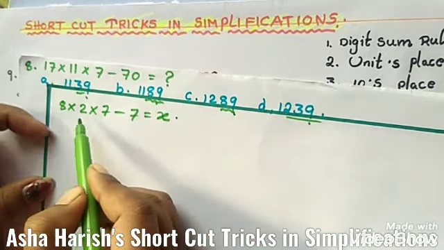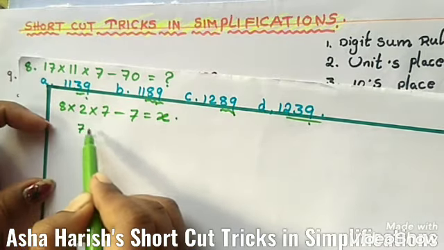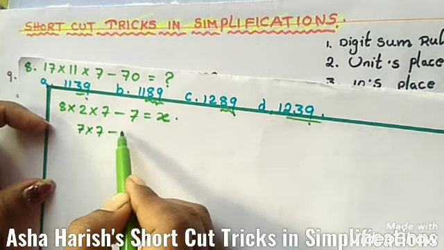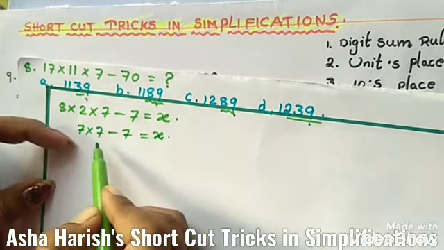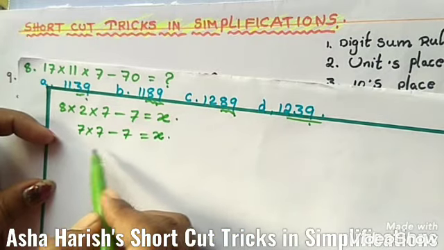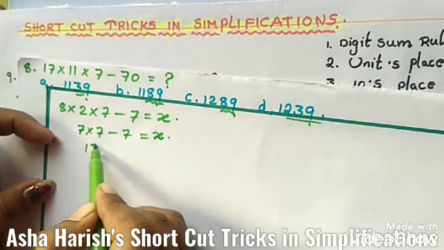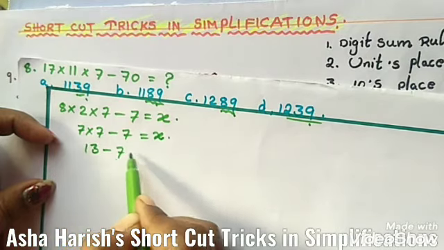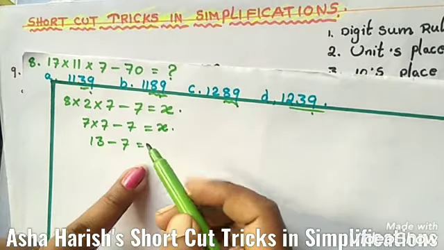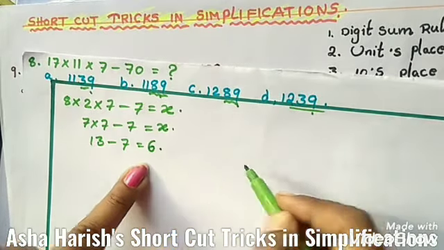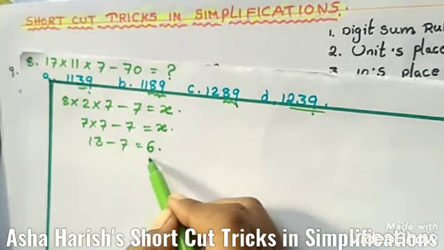Now 8 2's 16. 16 means 1 plus 6, that is 7. 7 into 7 minus 7 is equal to x. 7 into 7 is 49. So 9 plus 4, 13. 13 minus 7 is equal to 6.